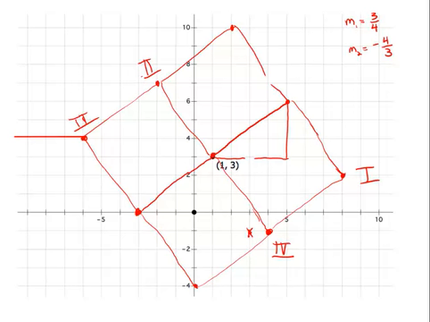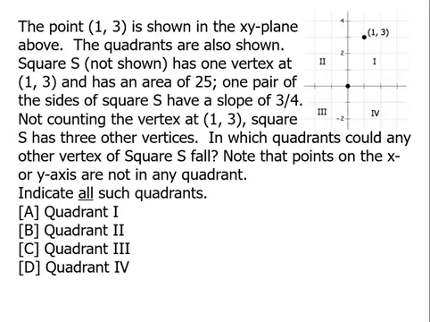It has 2 endpoints on the axis, so it kind of jumps over quadrant 3 without landing in it. And so quadrant 3 is the only one that is not included. So when we go to the answers, we select quadrants 1, 2, and 4, but not quadrant 3, A, B, and D.